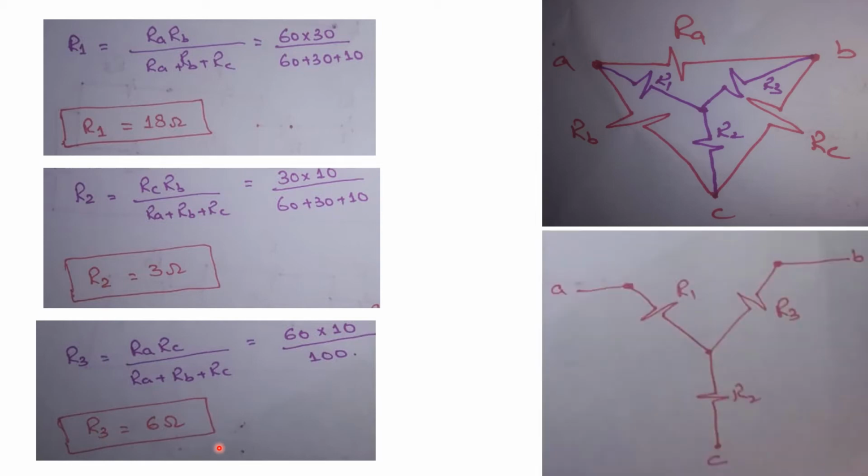Now the Y network looks like that: R1 equal to 18 ohm, R3 equal to 6 ohm, and R2 equal to 3 ohm. Now you can replace this delta network with this Y network to solve the circuit.